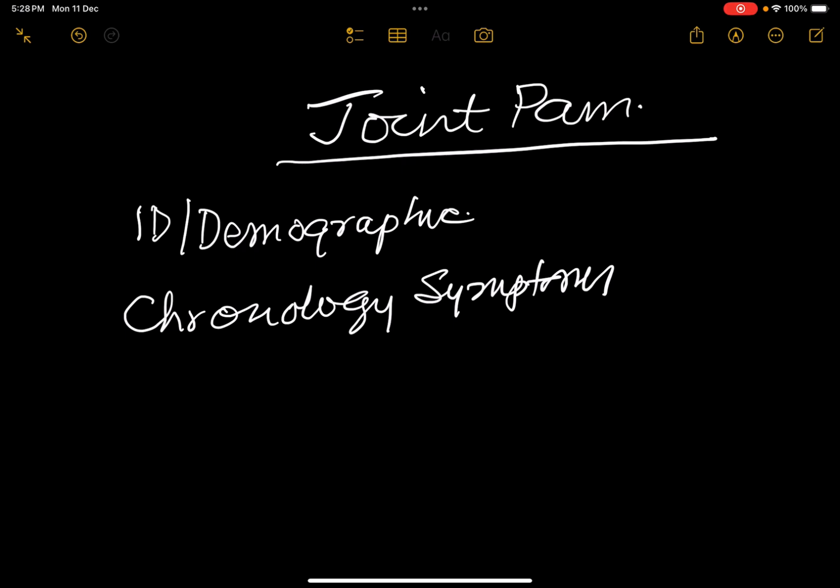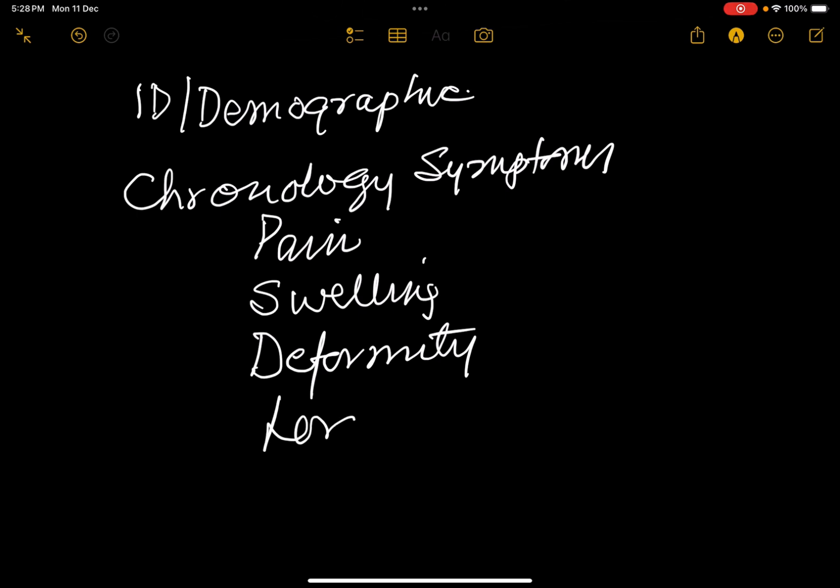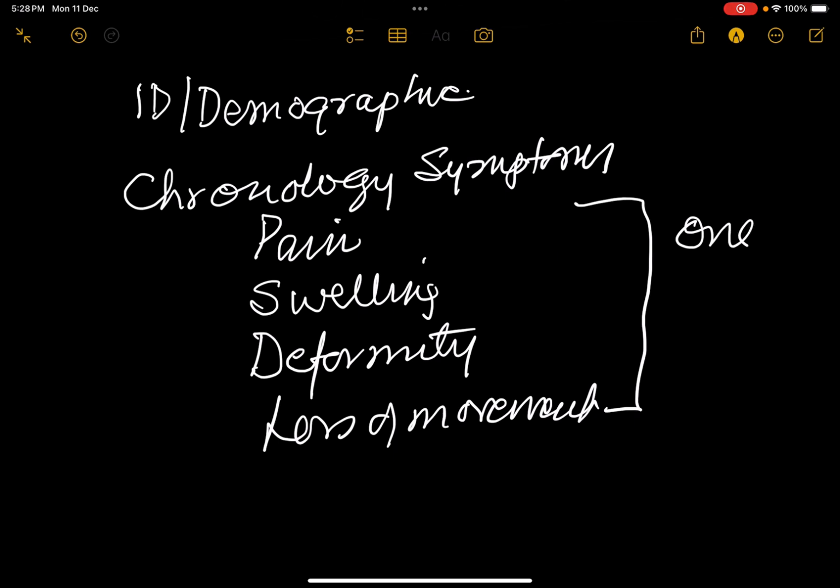Then about each symptom. The symptoms of joint can be pain, swelling, deformity, loss of movement, of one or many joints.